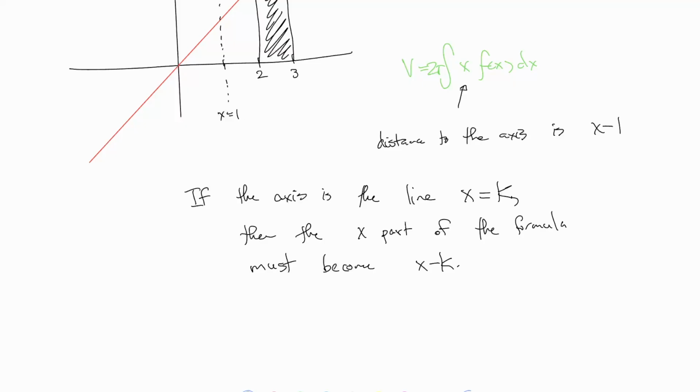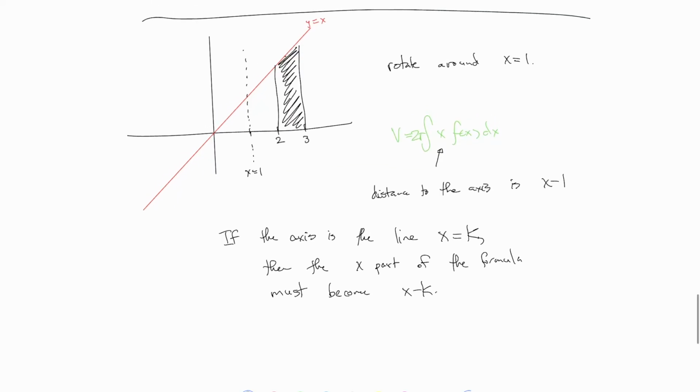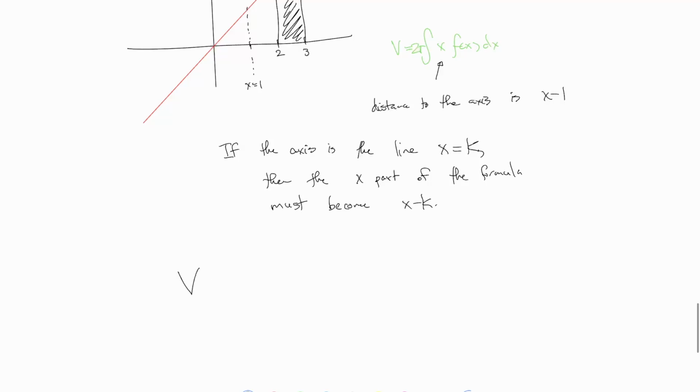Can we just set this one up? We don't have to do the integral out, but let's do the setup. My function here is just f of x equals x, so that's easy enough. It's going to be 2 pi out there, the integral from 2 to 3, those are the inner and the outer boundary values. Inside the integral, it usually says x times f of x. The f of x I can use as is because this is just the area under the curve, but the x part I changed to x minus 1.